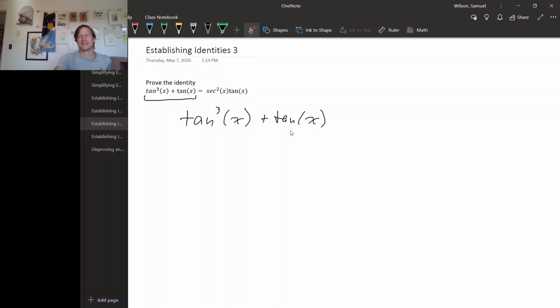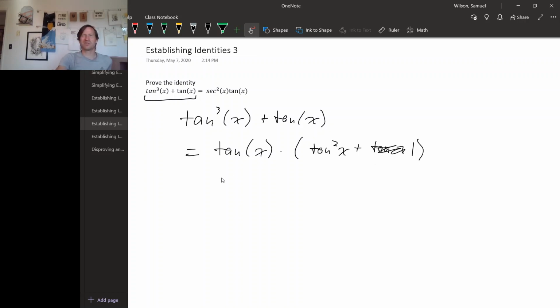And I don't know, the only thing that comes to mind for me with this is there's a common factor here. Both of these have a factor of tangent, so we could factor out this tangent like this. So factor out tangent x, that leaves us with tangent squared x plus 1.